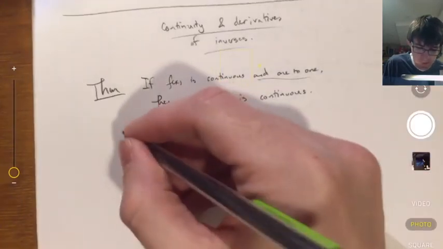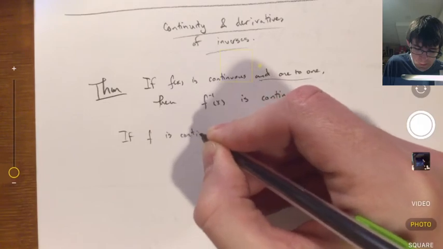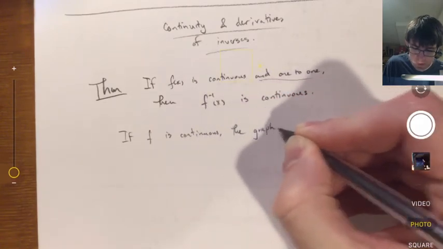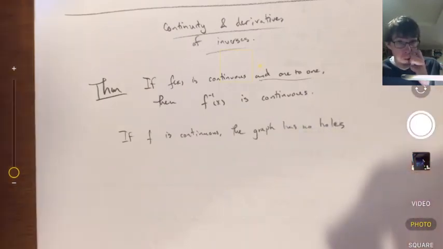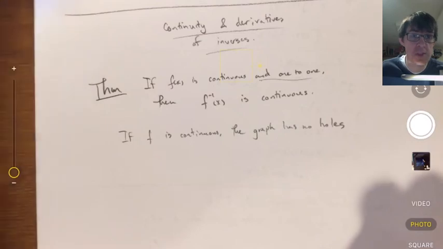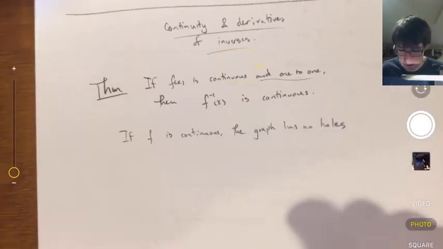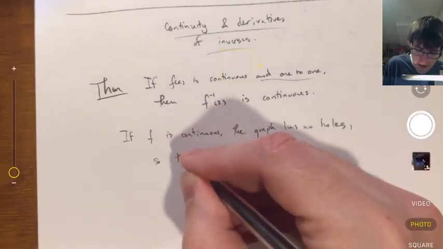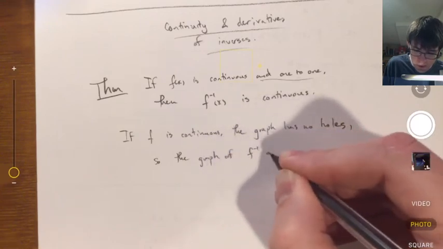So if f is continuous, then the graph has no holes in it. This is my informal version of a proof of this. This is why you should believe me. If f is continuous, then the graph has no holes in it. So the graph of f inverse also has no holes in it.